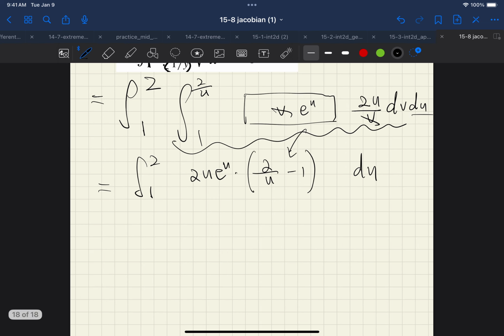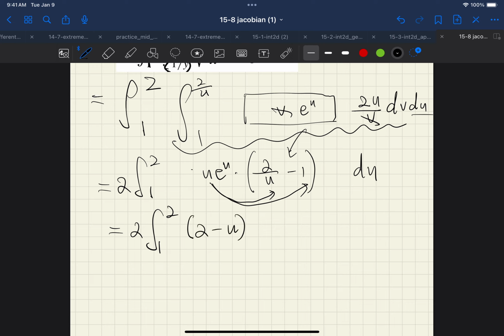Then I can take out 2 outside, distribute, then 2, 1 over u and 2 minus u. This way I can eliminate the fraction, and then e to the u du is d of e to the u, by chain rule, right?